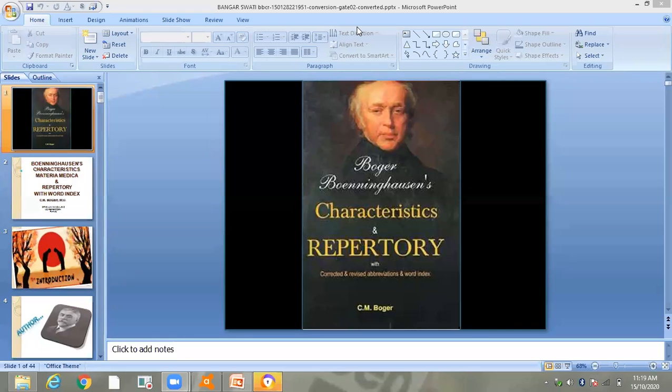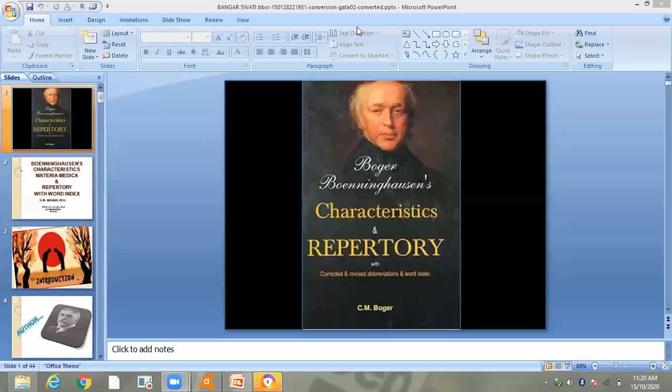Then it is said that all the parts or chapters of this repertory are followed by time, modalities, concomitants, but very often the concomitant subsection is absent and concomitants are mentioned under the heading of aggravation.